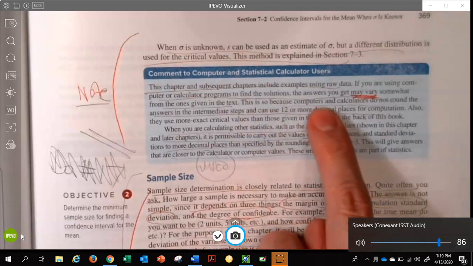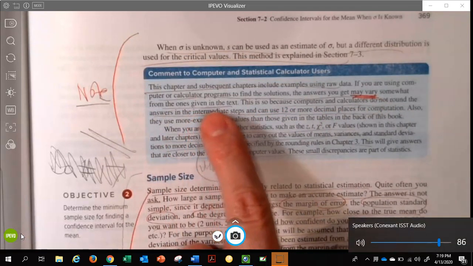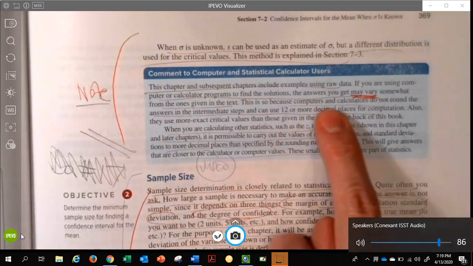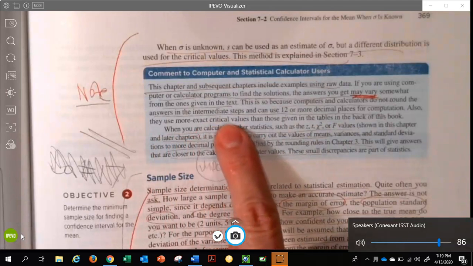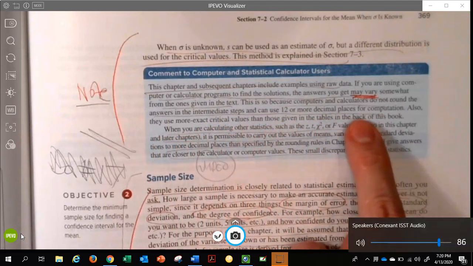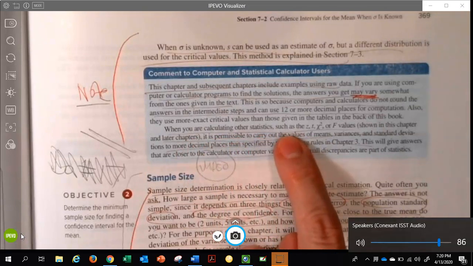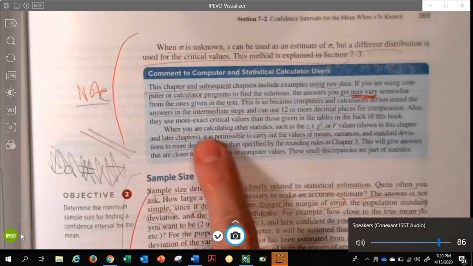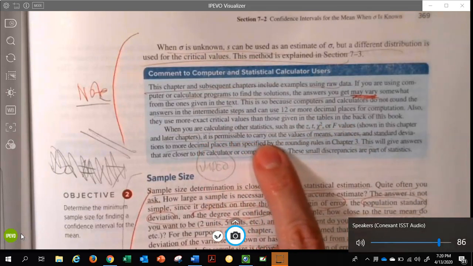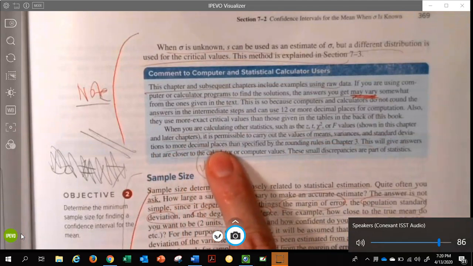This is so because computers and calculators do not round and then round and then round and then round. They actually store all of this data inside. And they may use more exact critical values if we were plugging those in. When you are calculating other statistics, such as these that we're going to look at now and later, it is permissible to carry out the values of means, variances, and standard deviation to more decimal places.